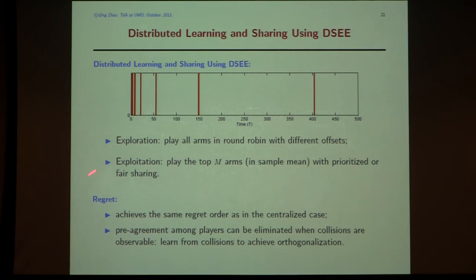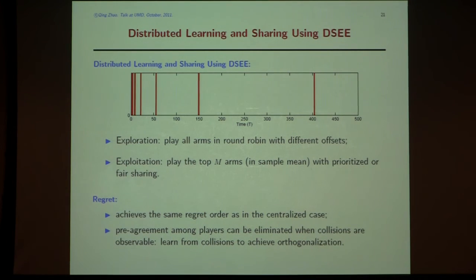In the exploration sequence, every player would play all arms in a round robin fashion, like in a single player case, but with a different offset. Very trivial. I'm playing arm 1, 2, 3, you play 2, 3, 1, so we don't collide. And in the exploitation sequence, each of us will play the top M arms in a round robin fashion with a different offset.